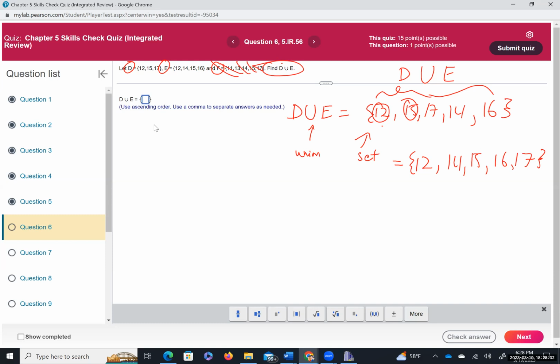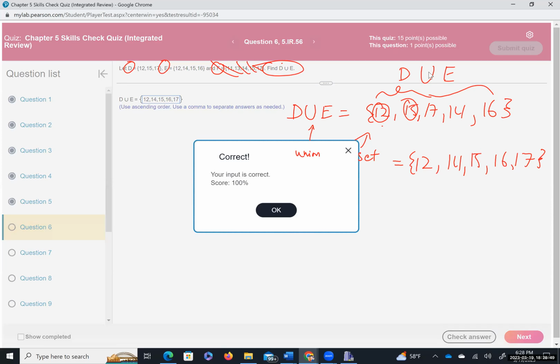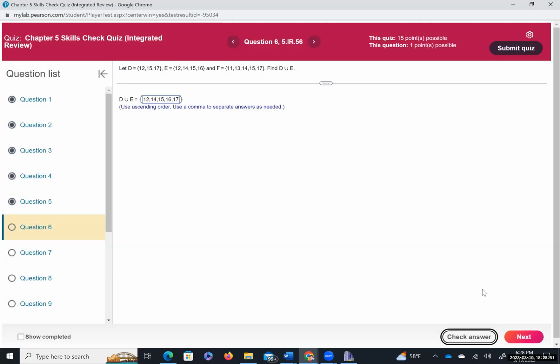So you have to write 12. They did not give us the set outside order, so we just write out the elements only. 15, 16, 17, and then check the answer. We have it. Okay, so let's move to the next one.